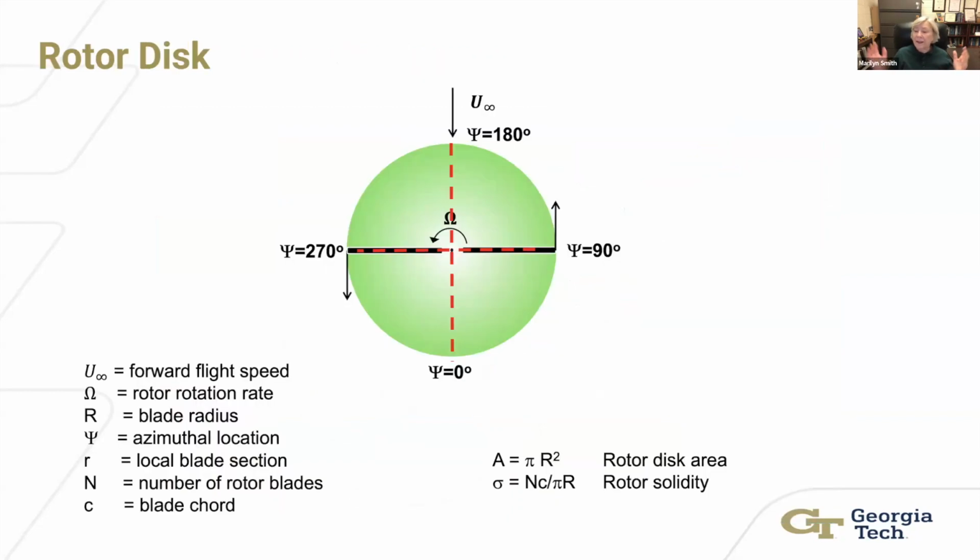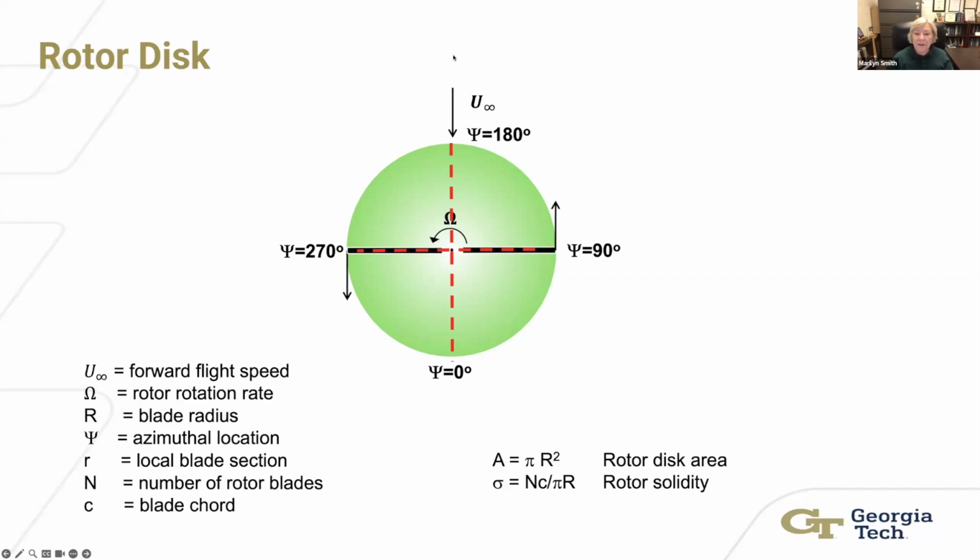Now, again, I'm not sure who's on here, so just a quick brief view of the rotor disc. For example here, this is a two-bladed rotor. It's rotating in this direction, the standard US counterclockwise rotation.